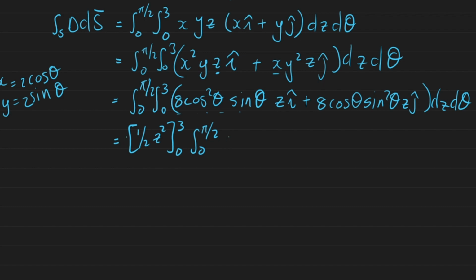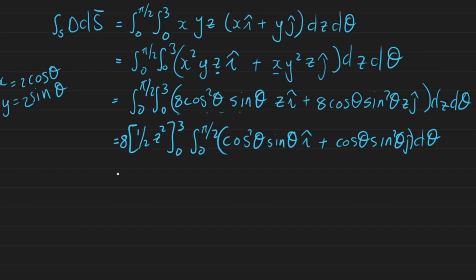We can bring out the 8 as well, so we'll just put the 8 in front here. So what we're left with is cos squared theta times sine theta in the direction of i, plus cos theta sine squared theta in the direction of j, and just the d theta is left. So 8 divided by 2 is 4, so we have a 4 in front, and a half z squared, so 3 squared is 9, so 9 times 4 is 36. We have 36 into all of this stuff, so let's just integrate that.